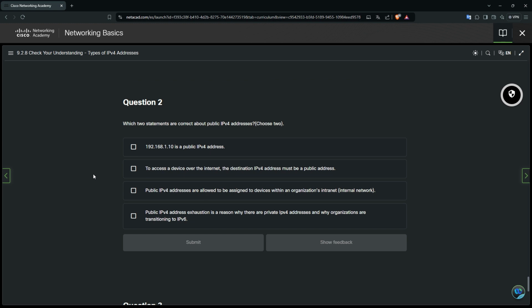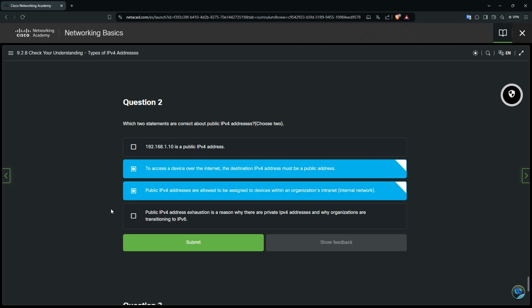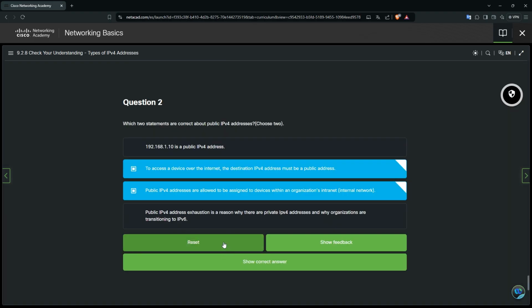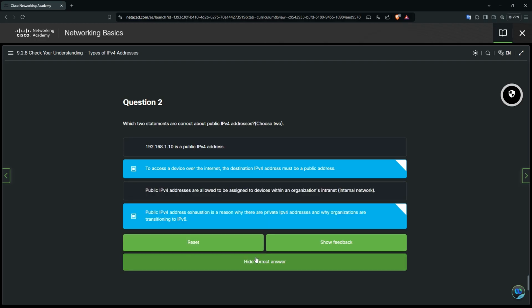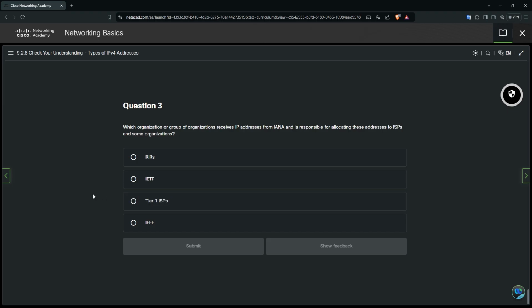Question 2. Which two statements are correct about public IPv4 addresses? And question 3.